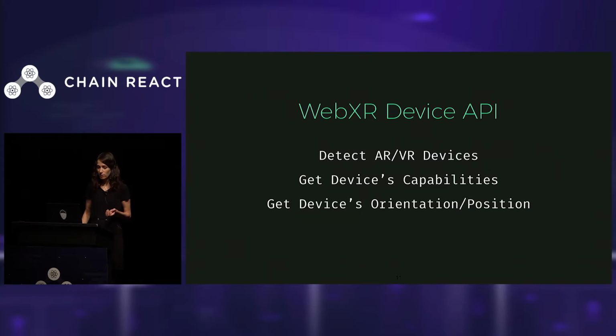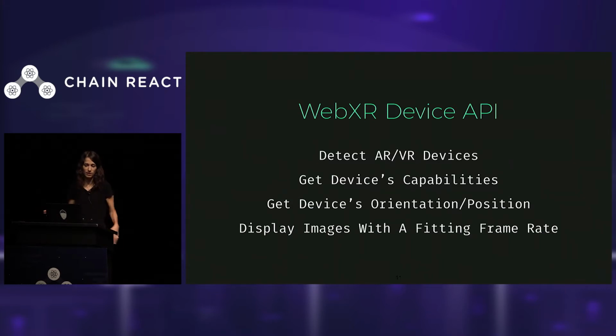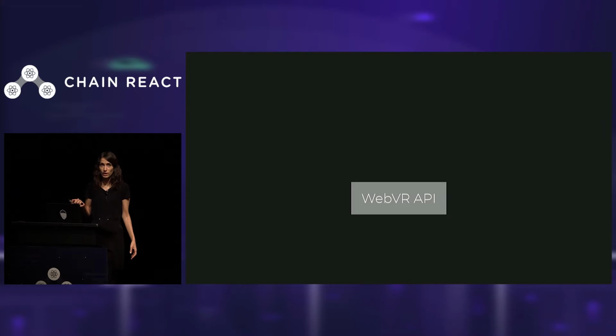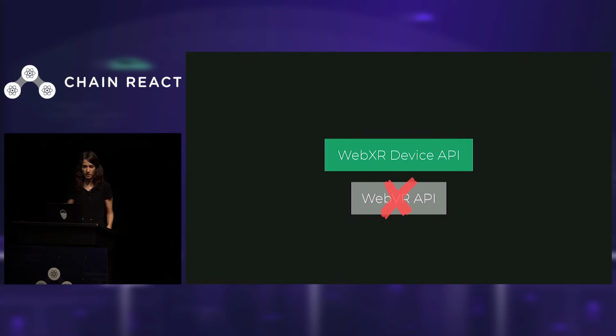The API also intends to get a device's orientation and position and to render images to the devices with an appropriate frame rate. The new API is replacing the deprecated WebVR API, and it's currently unstable and a draft, but you could already work with it, experiment with it, and maybe give feedback to the people writing the API.